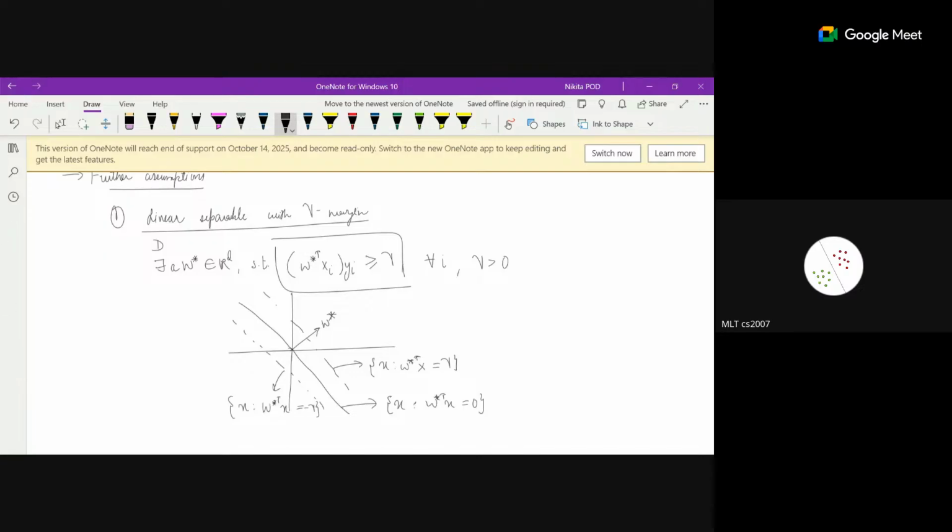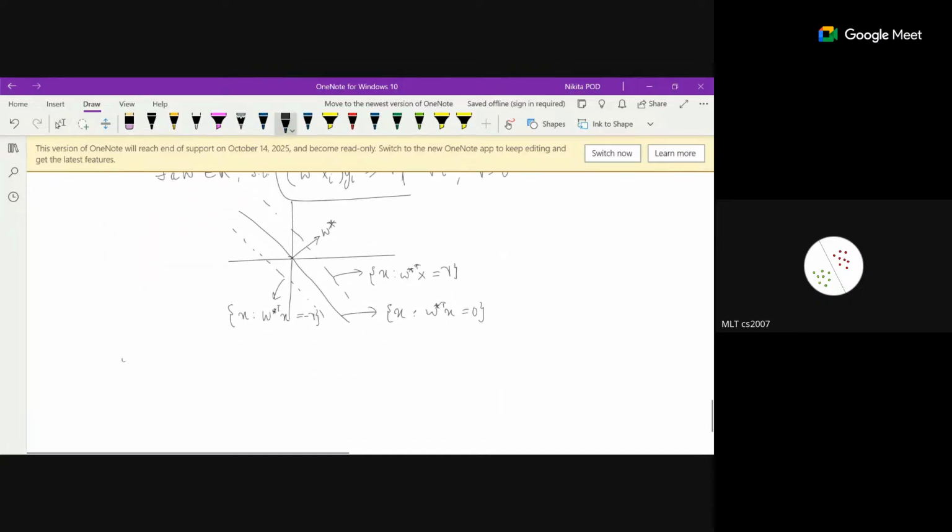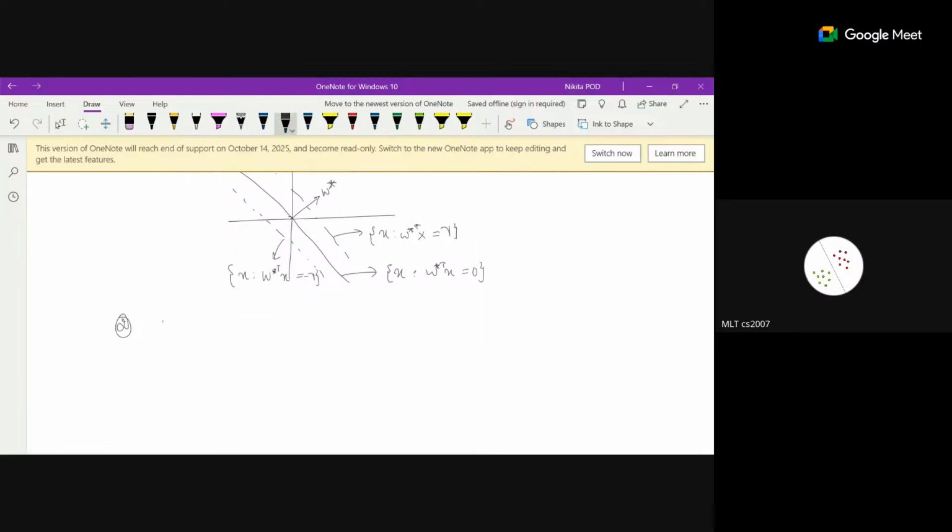So this is the linear separability assumption. Now there are two more additional assumptions that we make. Another assumption is that the length of your data point should be less than or equal to R, some radius, where R is positive, and it should hold for every i in your data set.